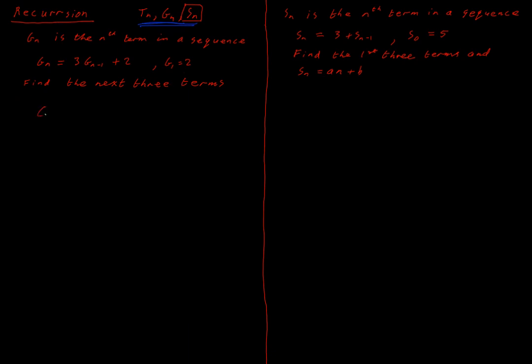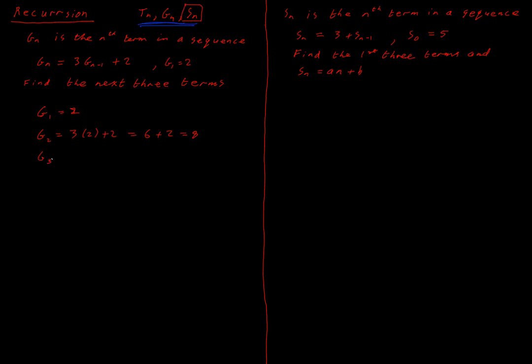We know G1 is equal to 2. What's G2 going to be equal to? It's going to be equal to 3 times G1, the last term in our list. So it's going to be equal to 3 times 2 plus 2, which is 6 plus 2, which is equal to 8. This is our G2.